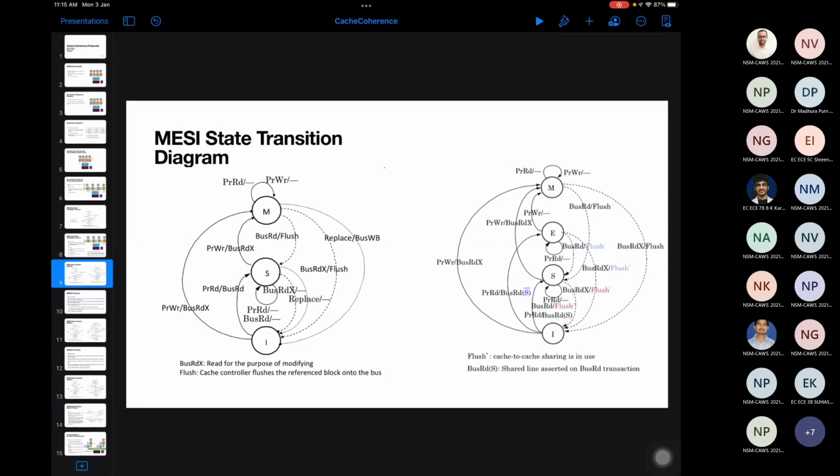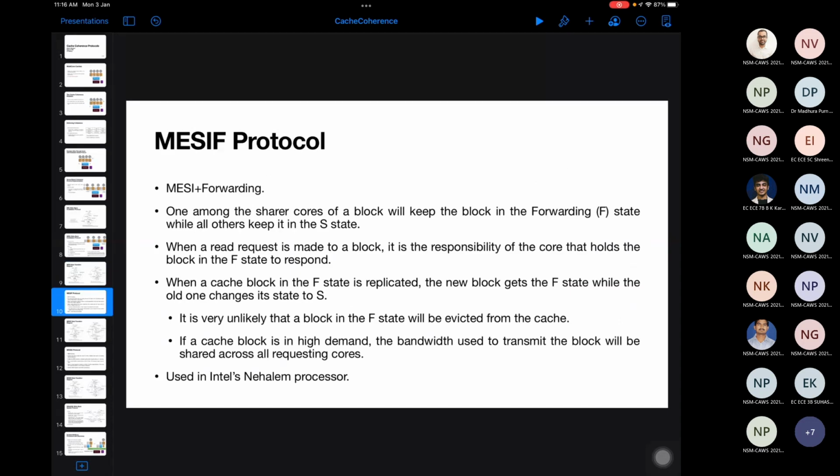But your LLC may be very far from the core, and that will increase the overall latency. So why can't we designate one particular core as having the capability of forwarding the data? That is what is incorporated in MESIF. One among the sharer cores of a block will keep the block in the forward state, while all others will keep the data in the S state.